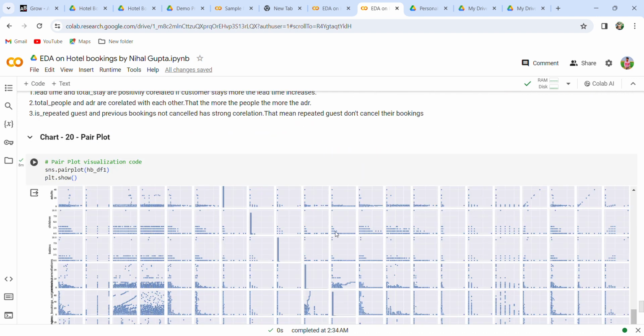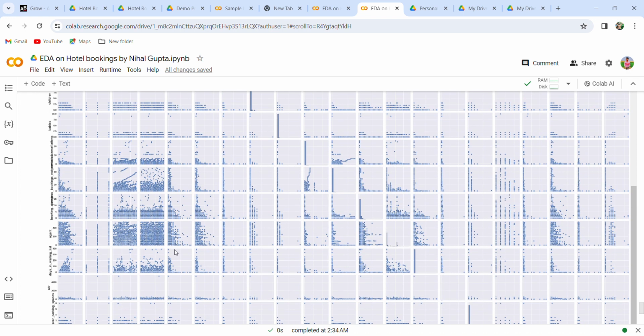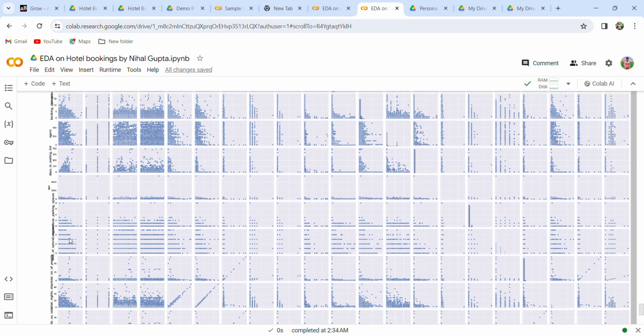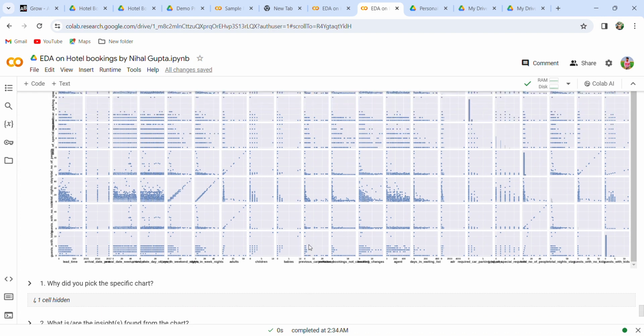And lastly, it's a pair plot. A pair plot is a visualization for all the data, and this is going to give us a view of our guests with kids, and this is also for the full data analysis.